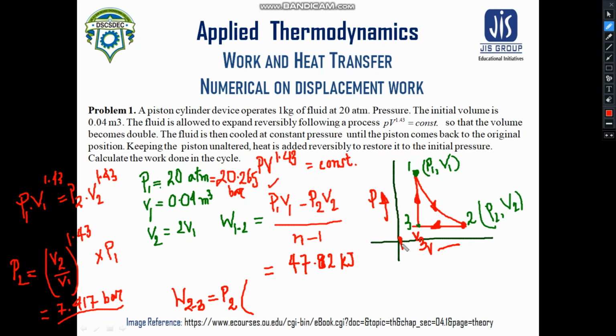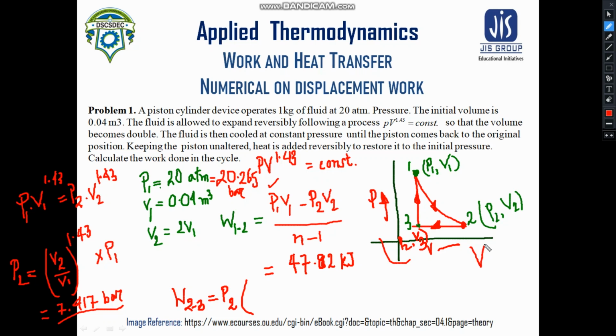So let us write down this state, so it will help you to understand. At state 3 the pressure remains the same, so it is P2 written over here, and the volume changes from V2 to V3, which is again the same as V1, because this is an isochoric or constant volume process, so the volume will be the same.